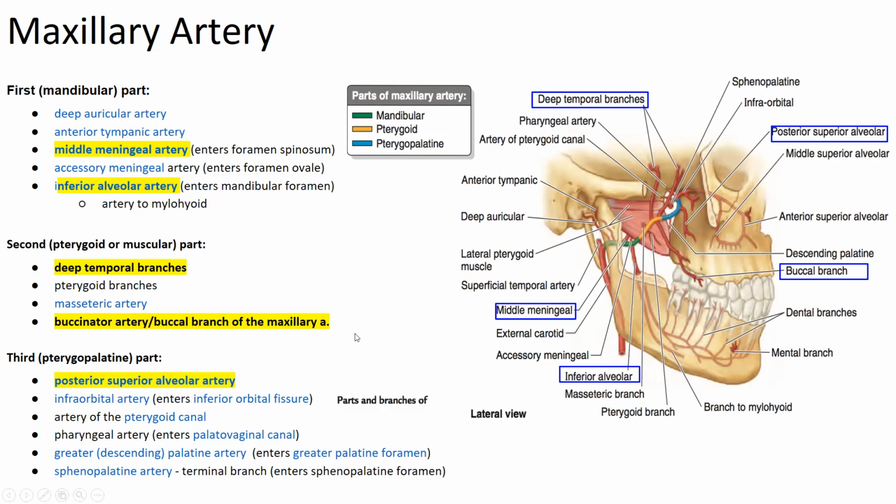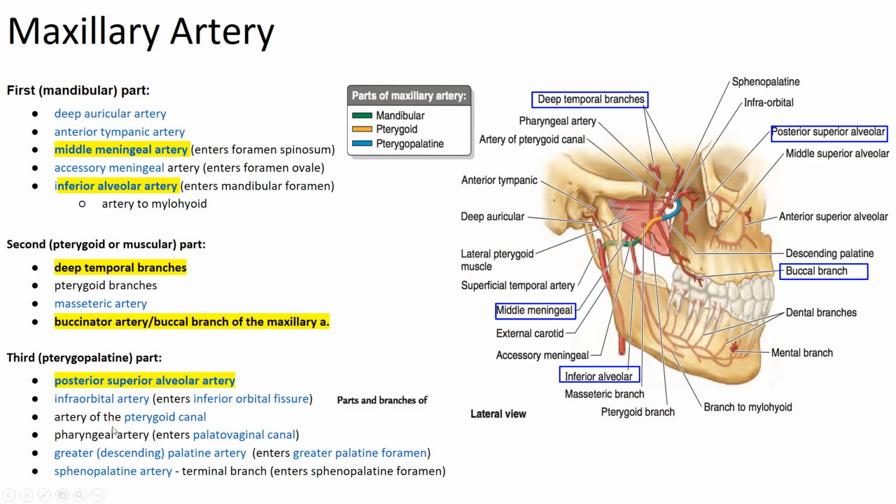And then finally, the pterygopalatine part is going to be your posterior superior alveolar artery. Generally, if they tag anything that's really deep in the infratemporal fossa, it's going to be this. That's one of the terminal branches of the maxillary artery itself.